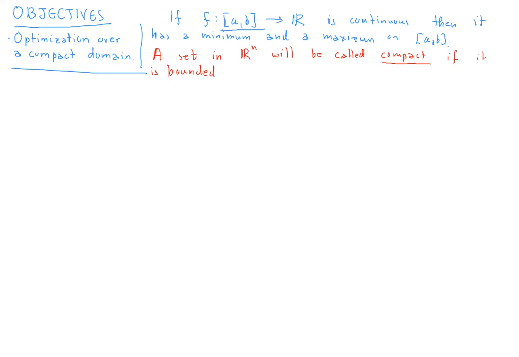You can also say that a set is bounded if it's contained in a disk or a sphere, or a ball, I should say, centered at the origin, a large one, of course.